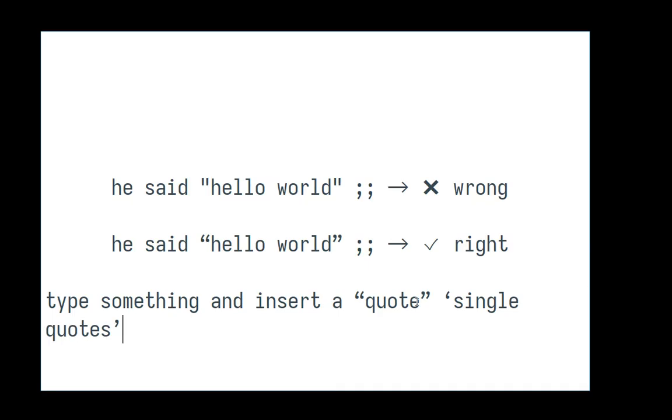Yeah, that's pretty much all there is to it. So typopunkt automatically detects if there's a space in front of the quote, it will insert an opening quote, and if there is a character in front of the quote, it will insert a closing quote. So it's pretty simple. And this not only works with English quotes, but also with, for example, German quotes.